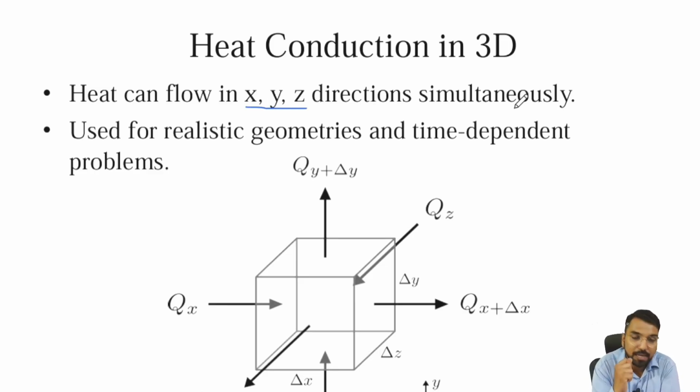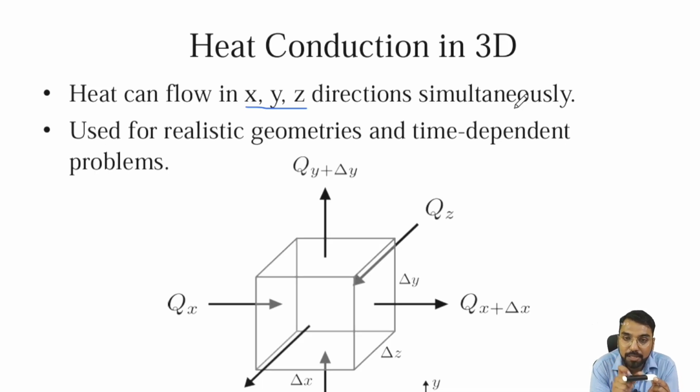Let's take an example of a metal rod. If we heat this rod from one end, the heat will transfer from this end to the other end, because there is a temperature difference across this distance, which is called a temperature gradient.